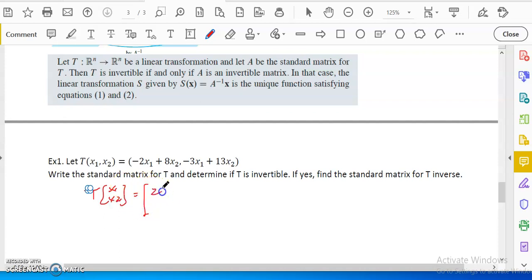That would equal 2x1 plus 8x2, and then negative 3x1 plus 13x2, and you can immediately see that this is equal to the matrix 2, 8, negative 3, 13 times the vector x1, x2, because the way we do it is we look at a row times a column. So this times this plus this times this is the first one, and this times this plus this times this is the second one. So this is our standard matrix A.